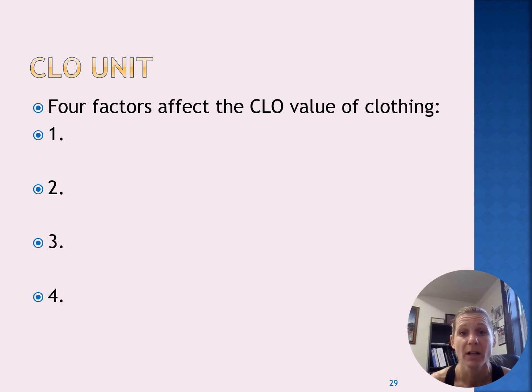So this is number 4, and this is how well clothing absorbs sweat and wicks it away from the body's surface. So again, think of your dry fit materials versus cotton t-shirts, right? That dry fit material is able to pull that sweat away from the body's surface and keep your shirt drier, while also potentially dissipating heat through the sweat. But most importantly, it keeps that surface dry, because once the shirt or the clothing becomes wet, it loses its insulatory properties.